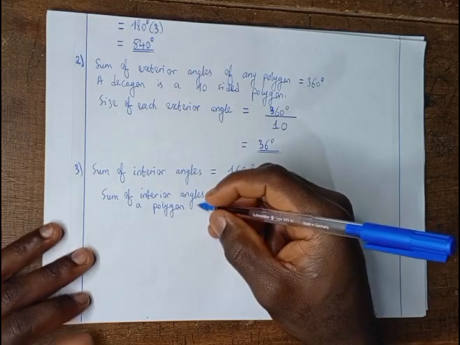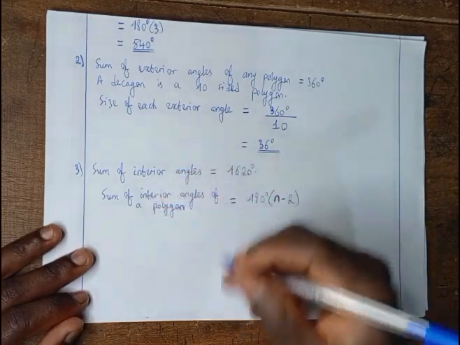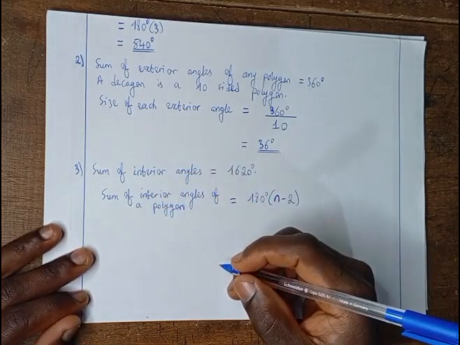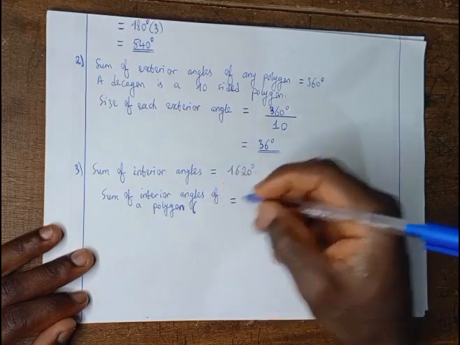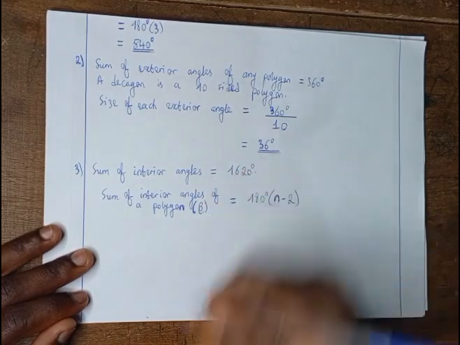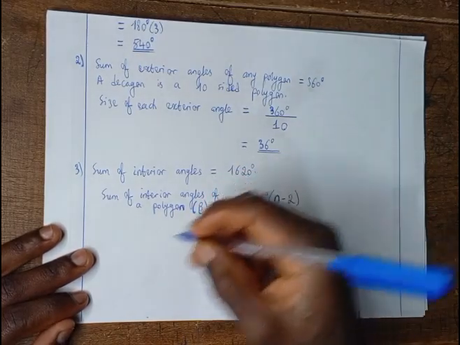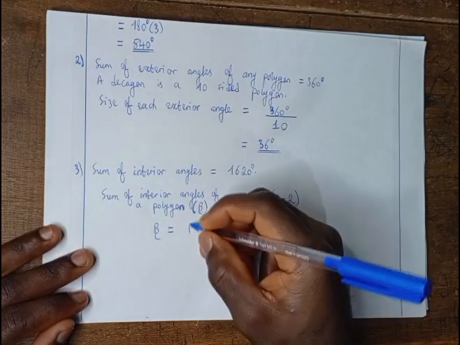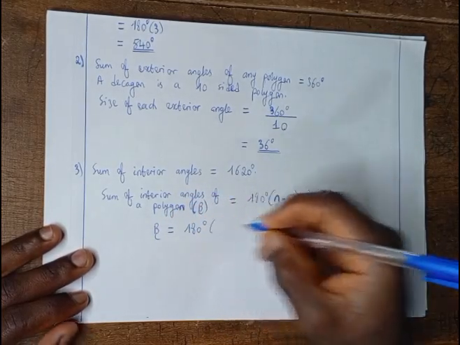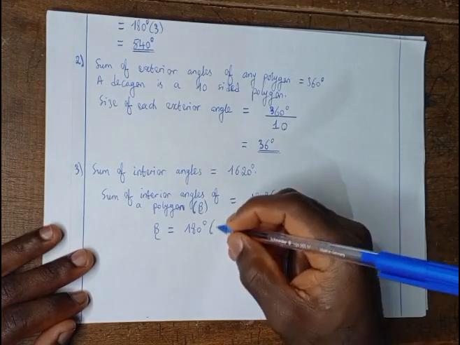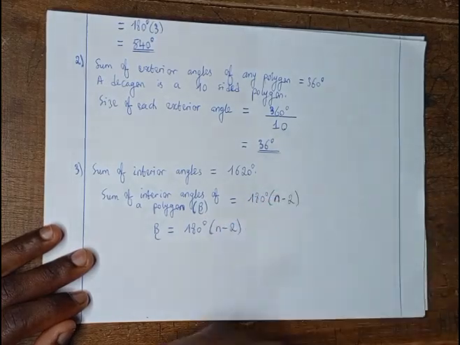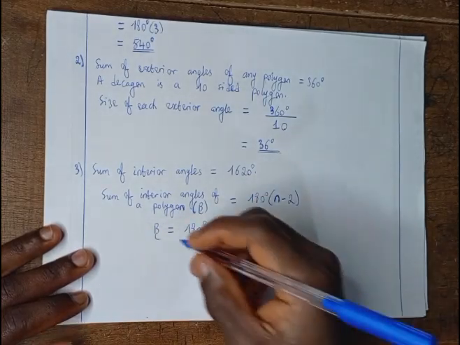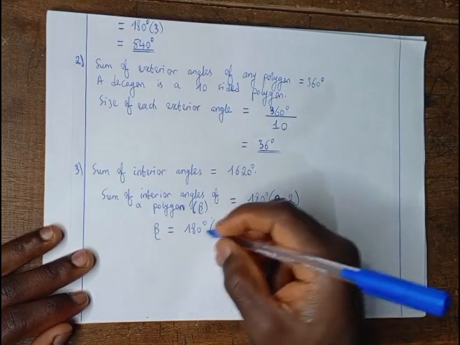Let's assume that the sum of the angles of a polygon is beta. It simply means that beta is equal to 180 degrees times n minus 2. We need to make n the subject of formula. We are going to divide both sides by 180.